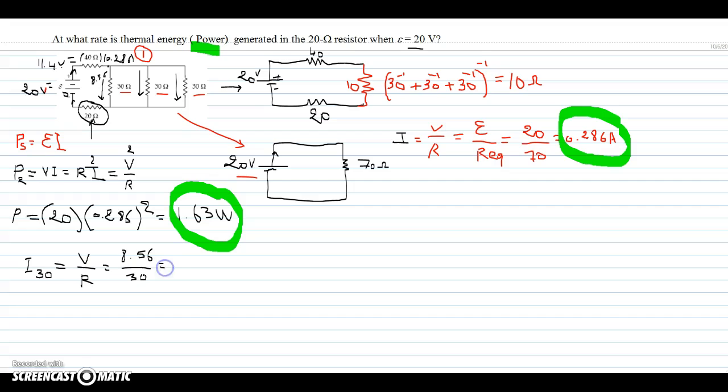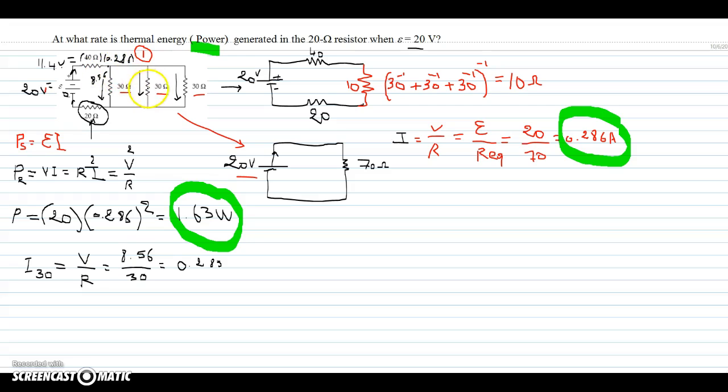So 8.56 divided by 30 equals 0.285. So there is a small amount going through here, here, and here.